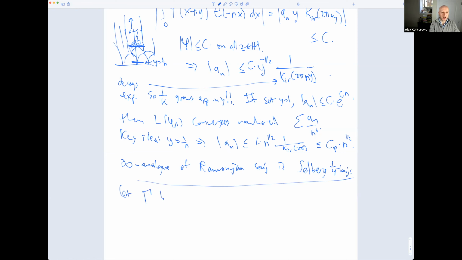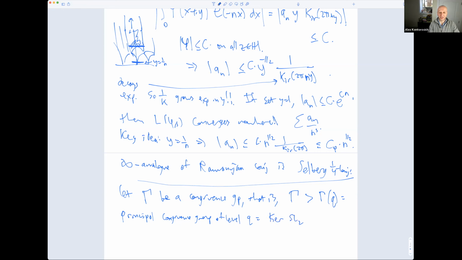Let gamma be a congruence group, that is, gamma contains as a subgroup one of the principal congruence groups, let's call this gamma_q, gamma_n, whatever. Gamma_q is the principal congruence group of level q, which means this is the kernel of the map from SL2(Z) to SL2(Z/qZ).